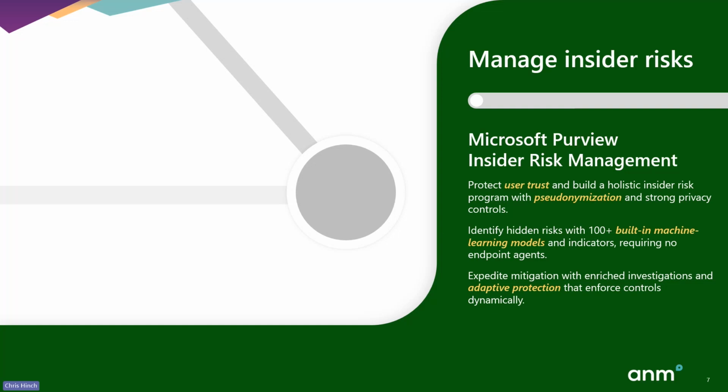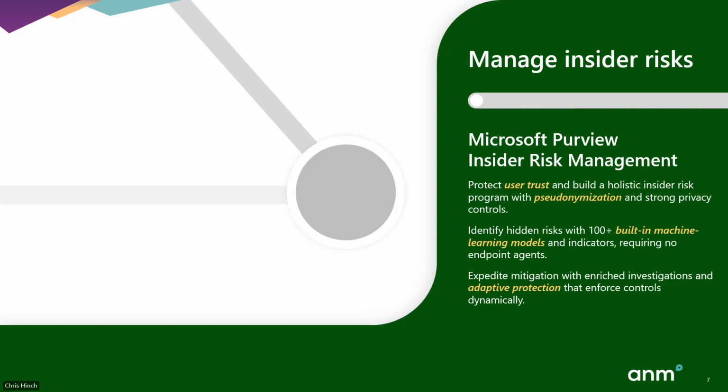So insider risk management is that privacy-first solution that helps manage insider risk while protecting user trust on the data by default, with strong privacy controls, including RBAC, role-based access controls, and explicit user audit opt-in, or audit log. That's a lot to unpack there. You can control this with RBAC. That's pretty slick.